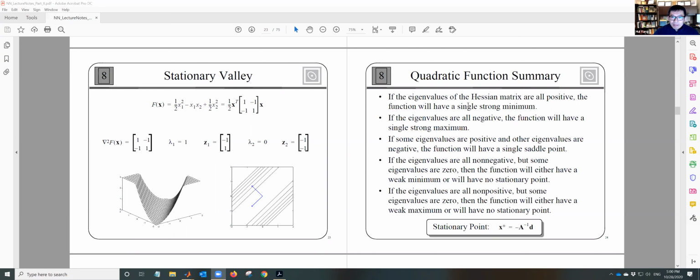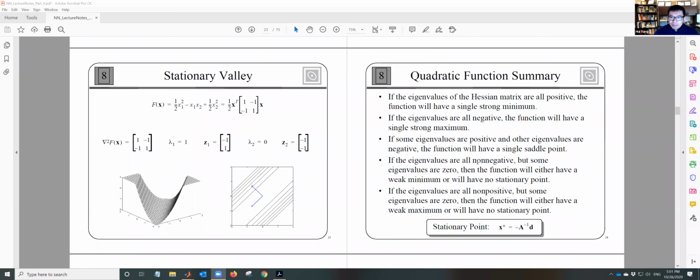So from all these examples, if eigenvalues of the Hessian matrix are all positive, then the function has a strong minimum. If eigenvalues are negative, we have a strong maximum. If some are positive, others are negative, then we have a saddle point.